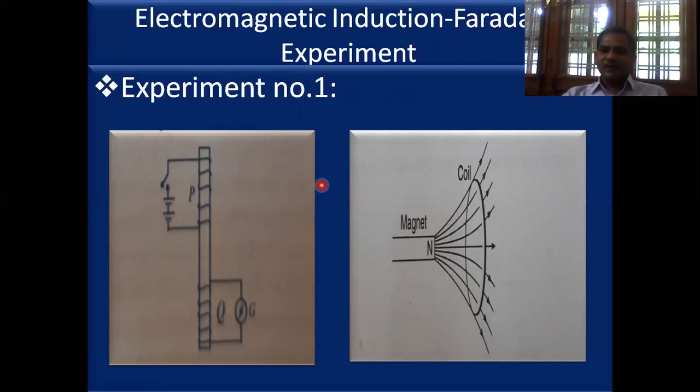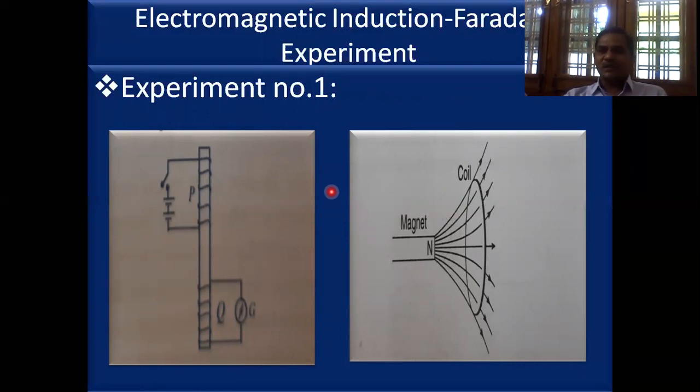Up to 1820, Oersted, up to 1820, what we believed is electricity and magnetism are different. They have no relation. But after the discovery of Oersted, that is, when the current is flowing through the conductor, the magnetic field is forming around the conductor.